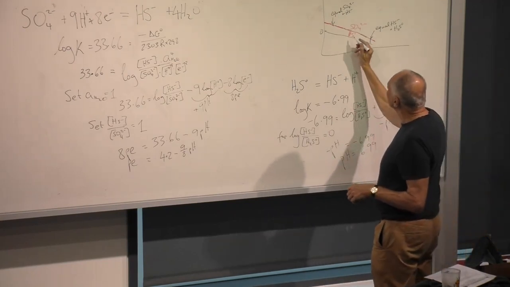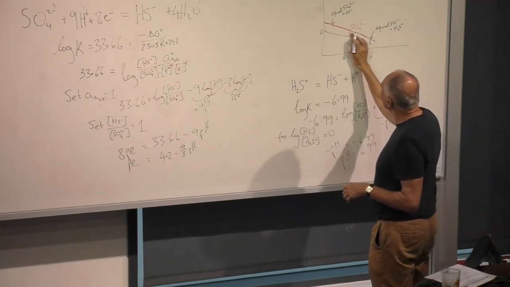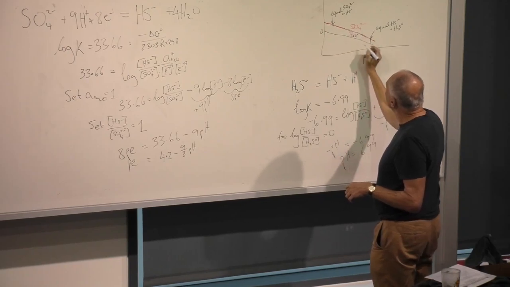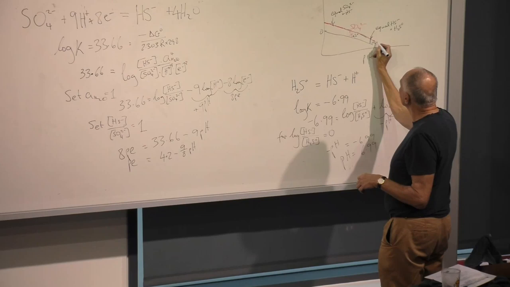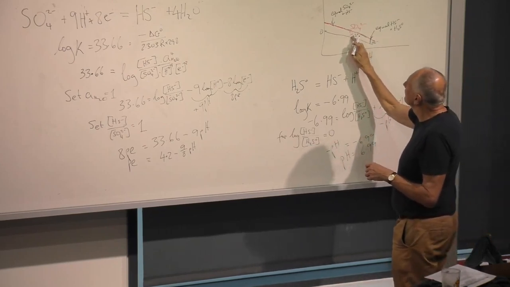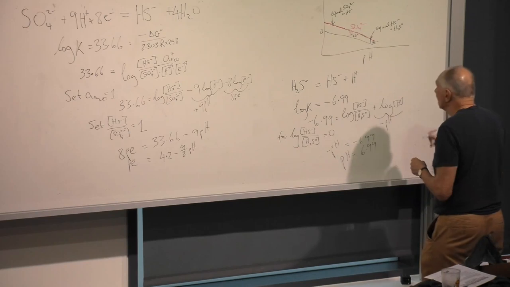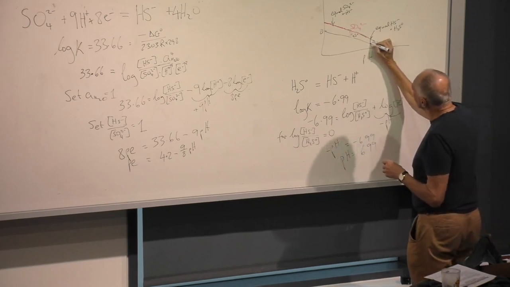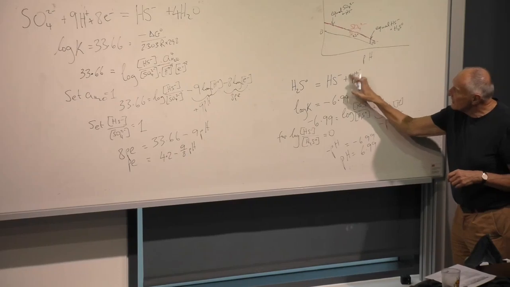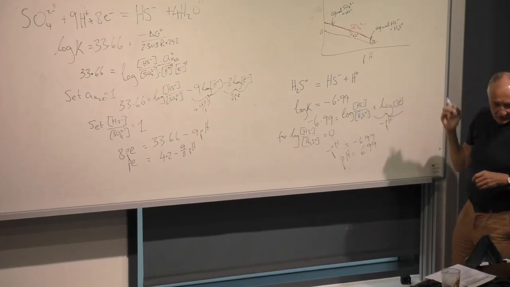So actually, this should be H2S in here. And HS minus will be there. So HS minus is only stable at high pH, and the high pH is where this is low, so this is pulling the reaction to the right.